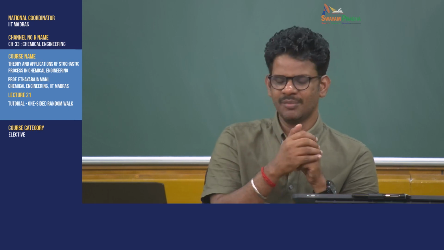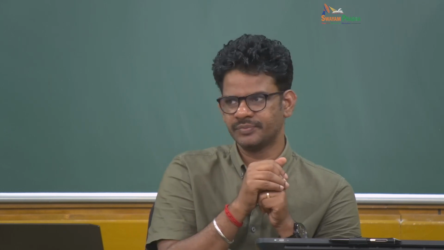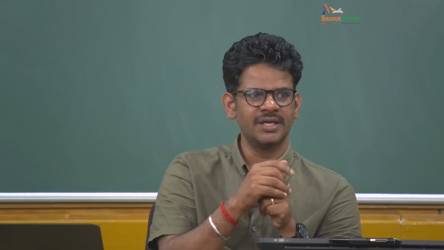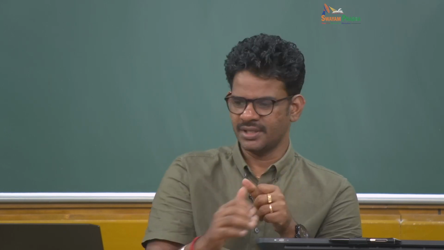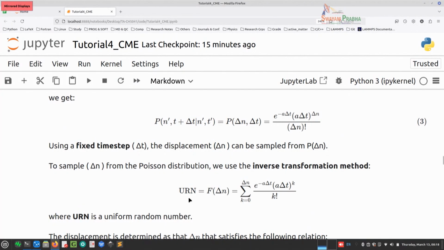Or you can also create your own Poisson distributed random number by constructing a cumulative distribution function, and then you draw a uniformly distributed random number, and you see whether it is less than or equal to the cumulative probability, and then you choose delta n like that, okay.